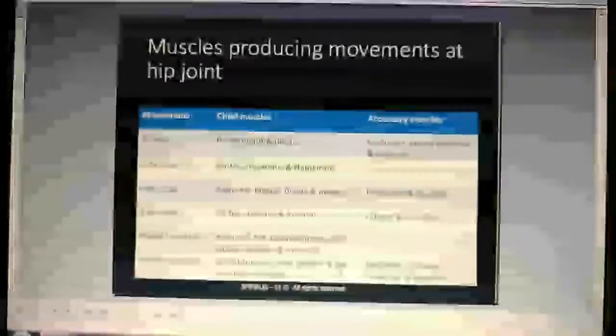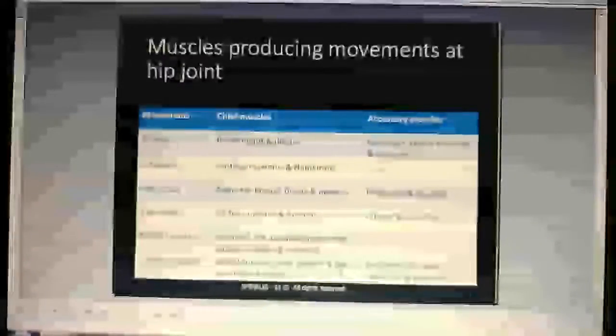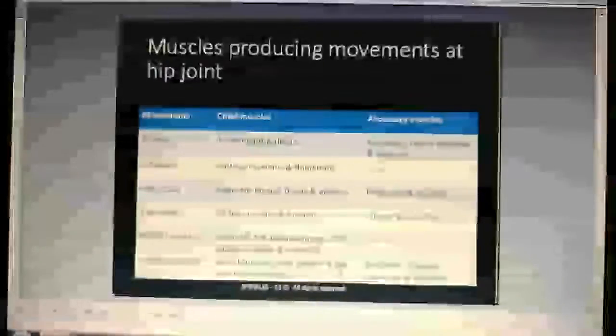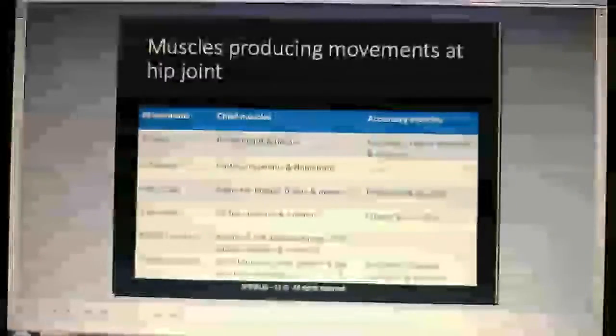Abduction: the chief muscle is gluteus medius, and iliotibial band and sartorius are accessory muscles. Medial rotations: iliotibial band and fibers of the gluteus medius and minimus are the chief muscles. Lateral rotations: two obturators, two gemelli, and accessory muscles are piriformis, gluteus maximus and sartorius.